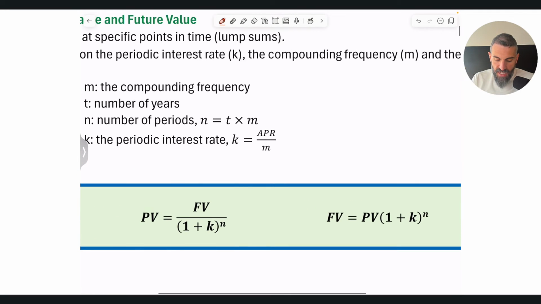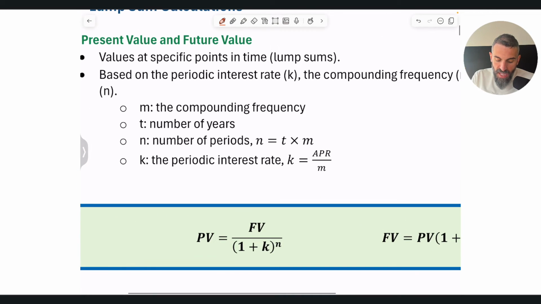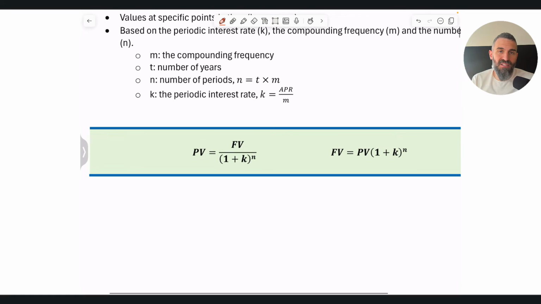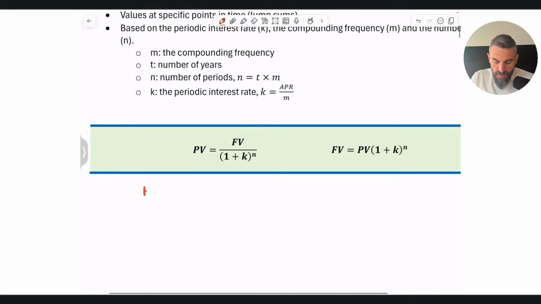Now, as far as k and n and all that stuff, well, n is based on the number of years, which is t, and your compounding frequency. Now, we'll get into what compounding means in more detail later, but very quickly, compounding is just how many times a year your interest is, well, compounded or calculated. Take, for example, this timeline, right?